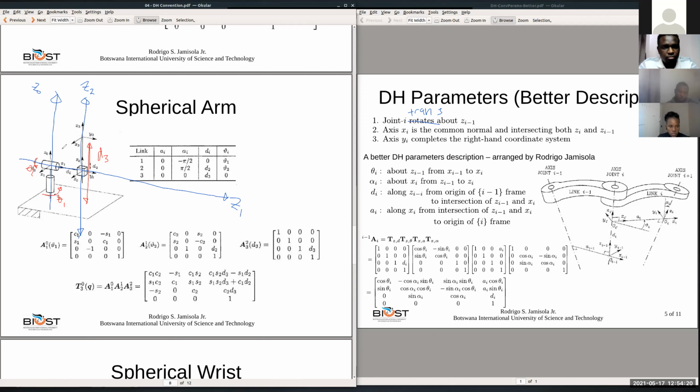Now we need to know where the X's are, so we can know where the origin of each reference frame is. Let's consider where your X1 is. We say X1 is normal and intersecting to both Z1 and Z0. But first of all, we don't know yet where your base frame is.